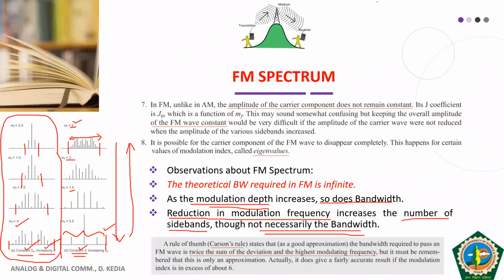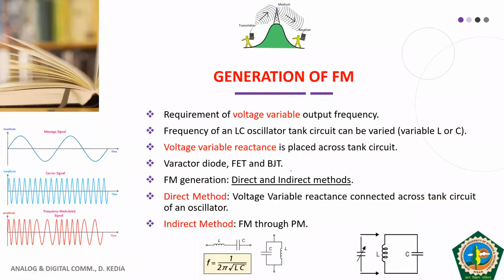So students, after discussing the FM spectrum, now let us move forward. So with this, we have completed our discussion on the concept part of frequency modulation. Okay, we have seen the concept of frequency modulation, the definition of frequency modulation. We have derived the mathematical expression of frequency modulation.